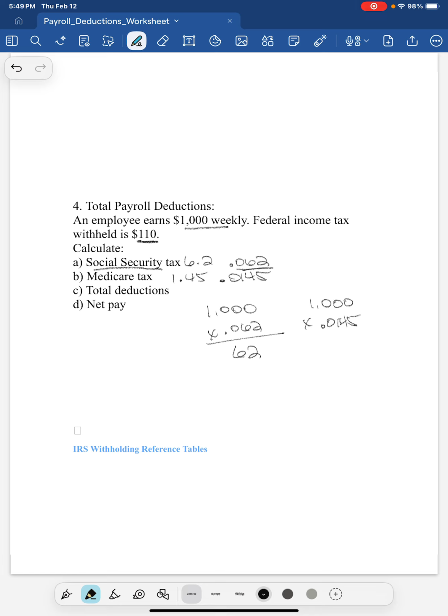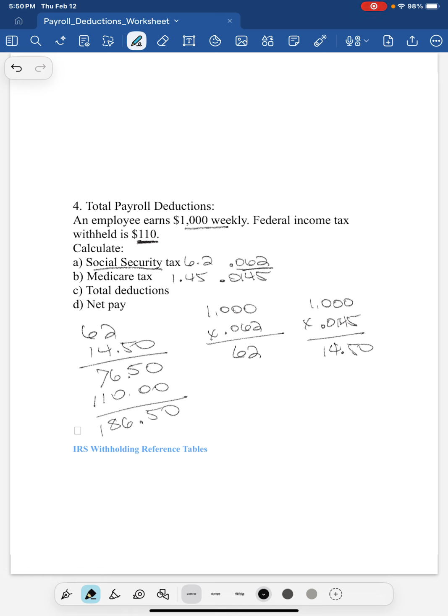It's not like income tax. It's just a flat rate. It's $14.50. And we add these two up, and this is their total FICA withheld. But also we have this $110, which is their income tax withheld.